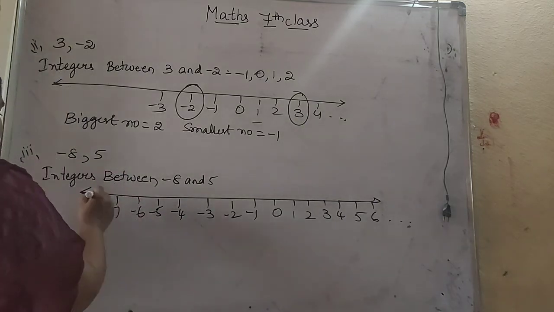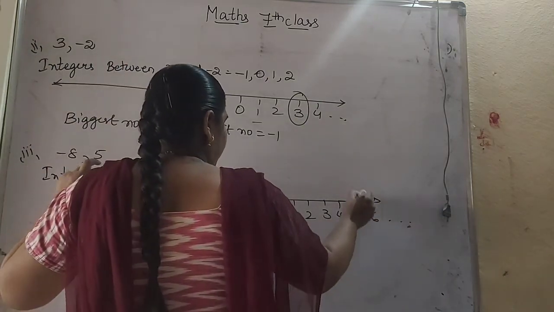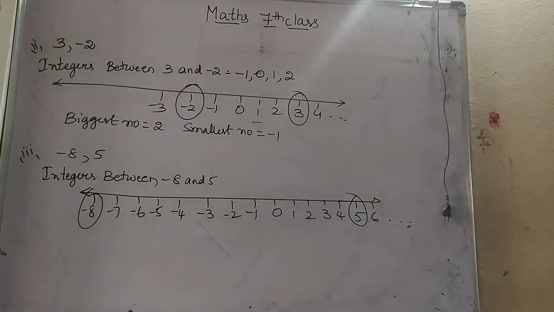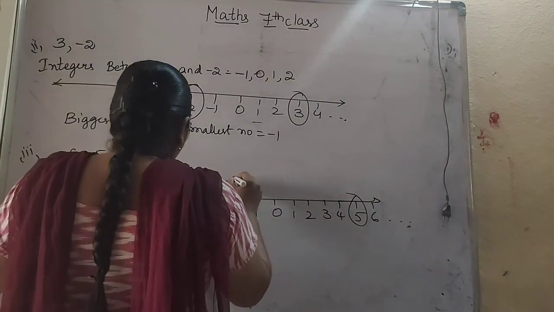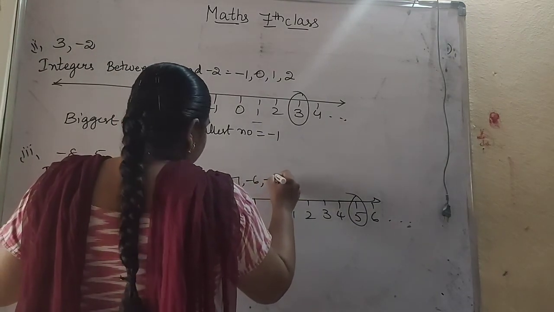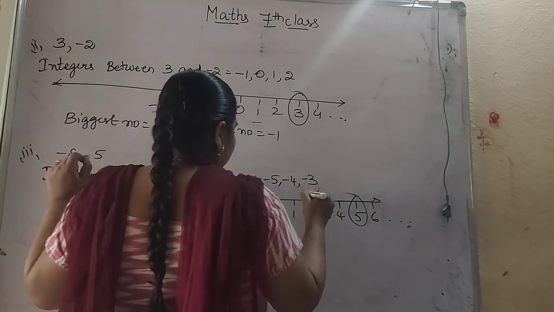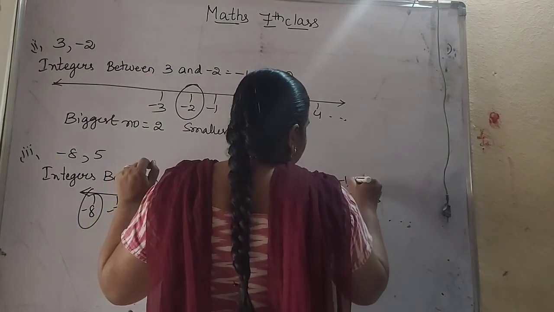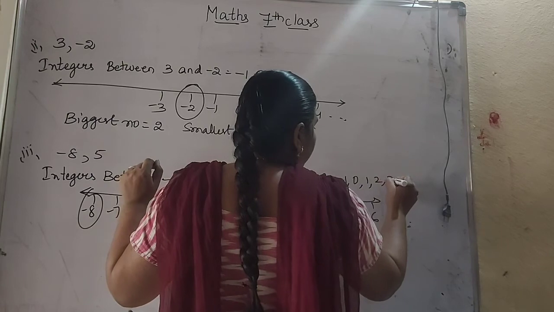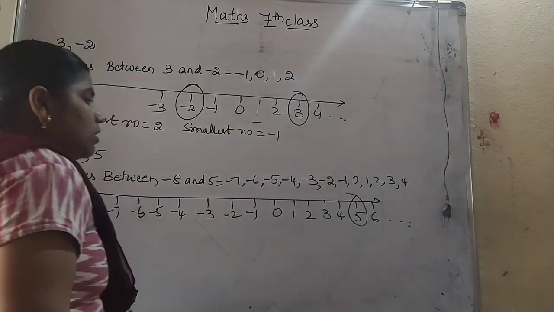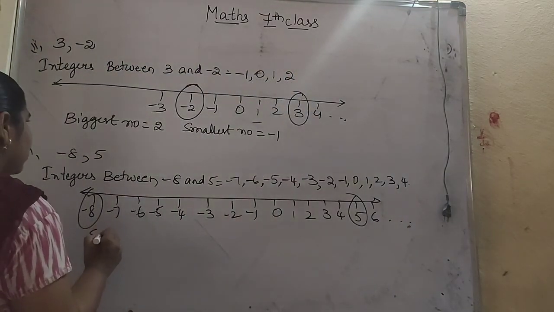We are checking for minus 8 and 5. What are the between integers here? The between integers are minus 7, minus 6, minus 5, minus 4, minus 3, minus 2, minus 1, 0, 1, 2, 3 and 4.